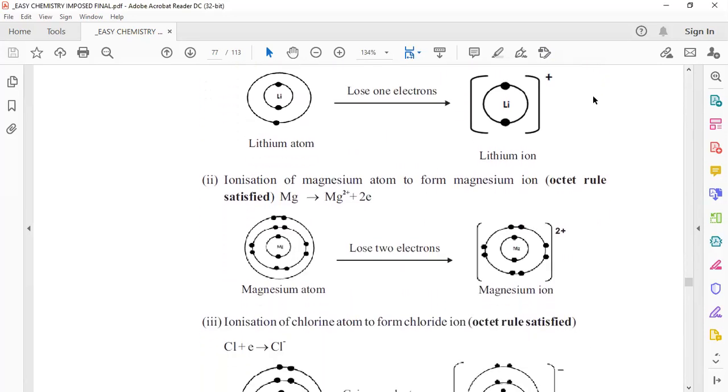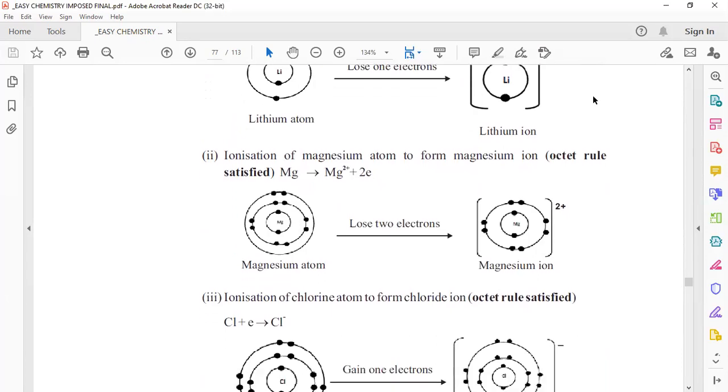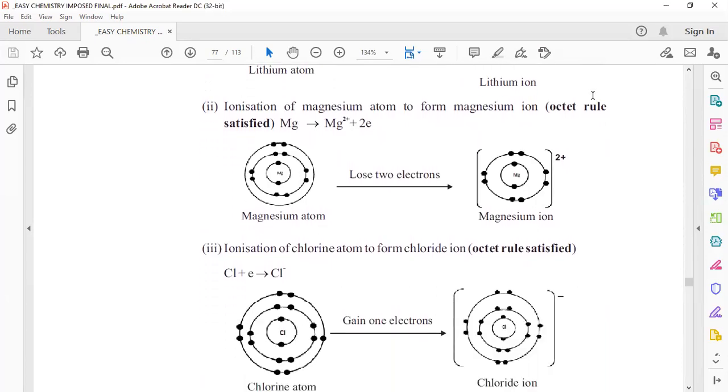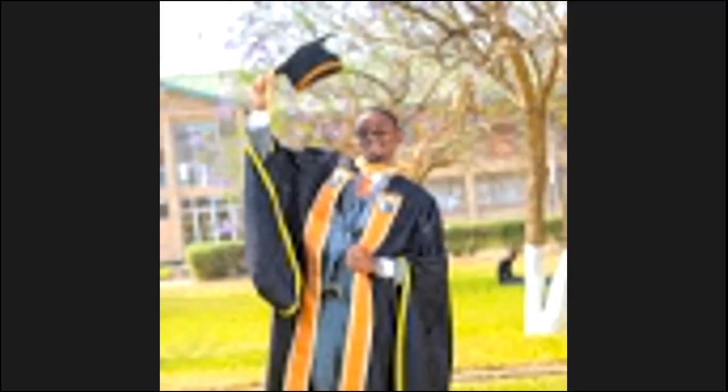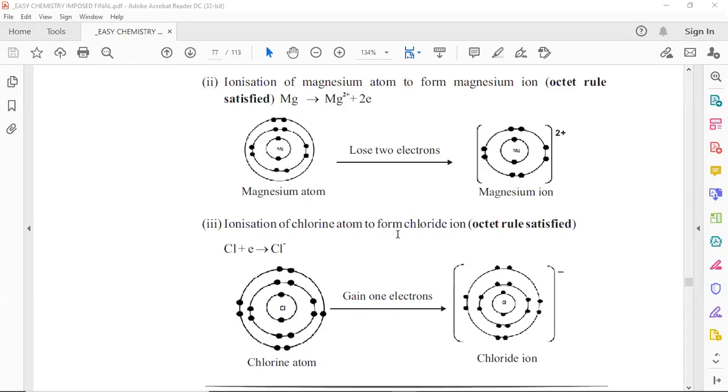The other one is the octet rule. We are looking at an example where a magnesium atom loses two electrons. Earlier on we said metals lose according to their valence numbers, and non-metals gain according to their valence numbers.